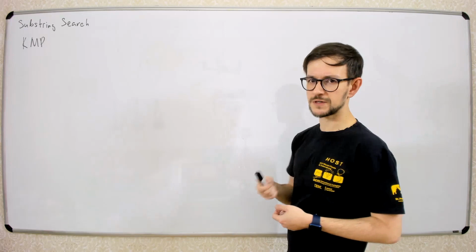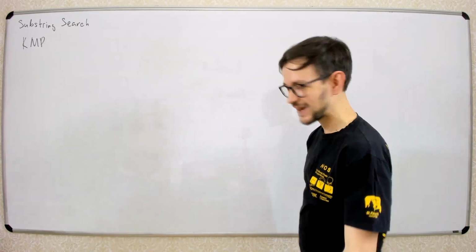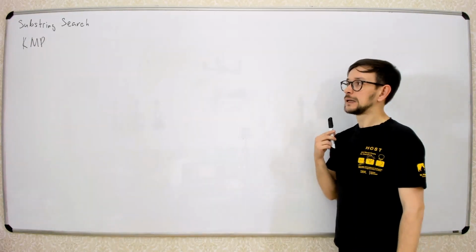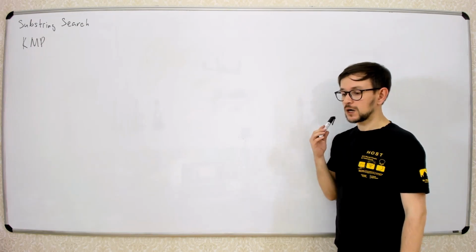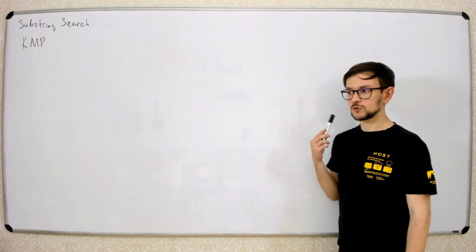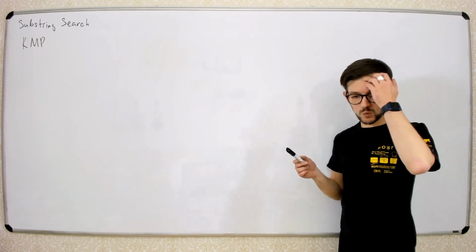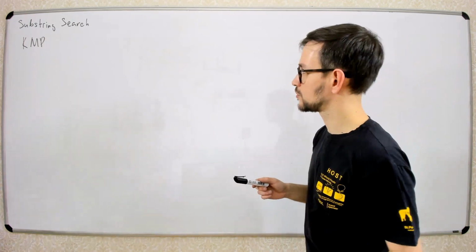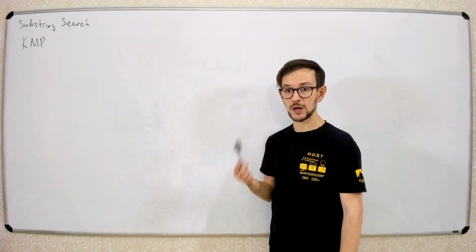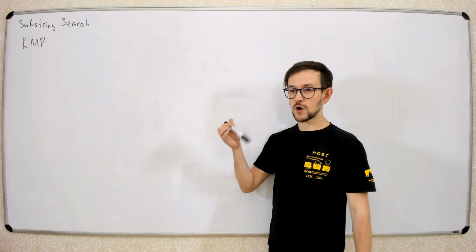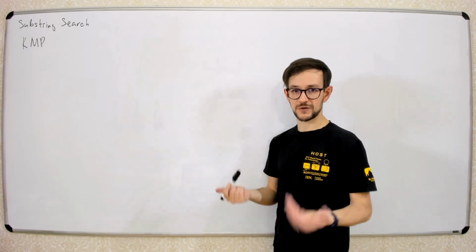It's the same Knuth. So what is the Knuth-Morris-Pratt algorithm? It is a very simple linear algorithm which can be used to find a substring. The core idea of this algorithm is to use a prefix function.